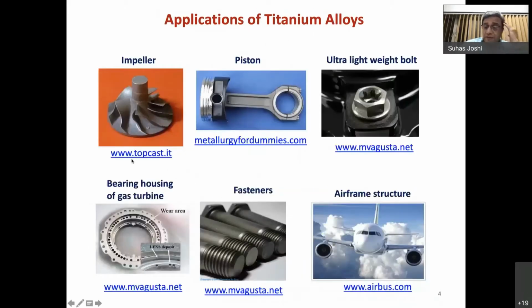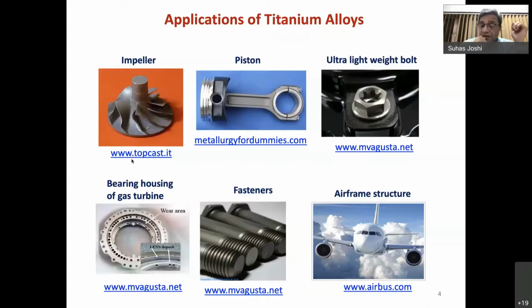So this is a graphical picture of applications of titanium alloys in impellers, fasteners, pistons, and airframe structures, where for the whole structure you take a block of very large weight, and then you carve out 90% or 80% of the material and keep only the external frame, and the rest of the material you just remove.